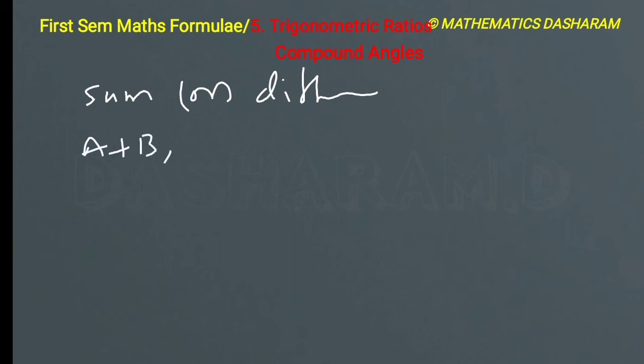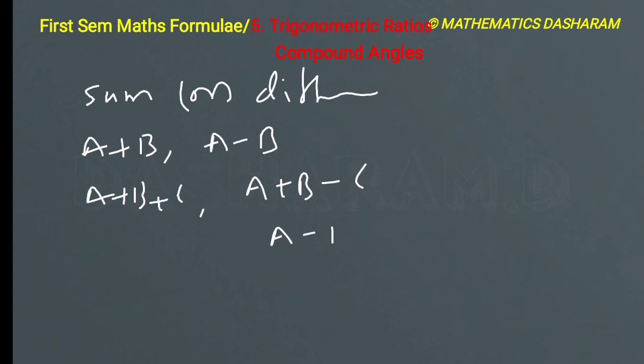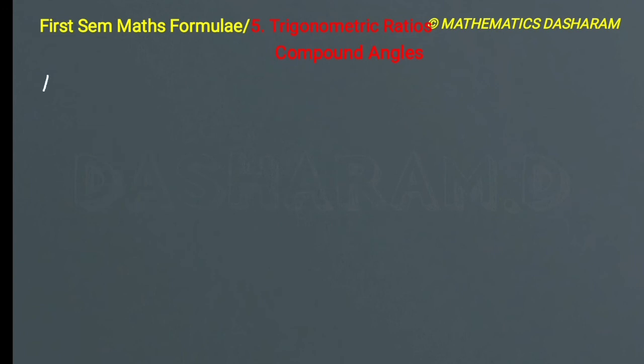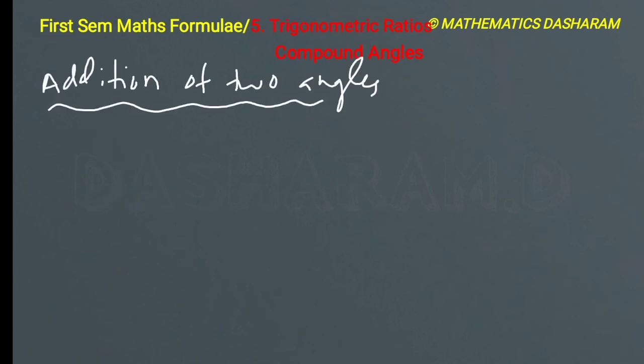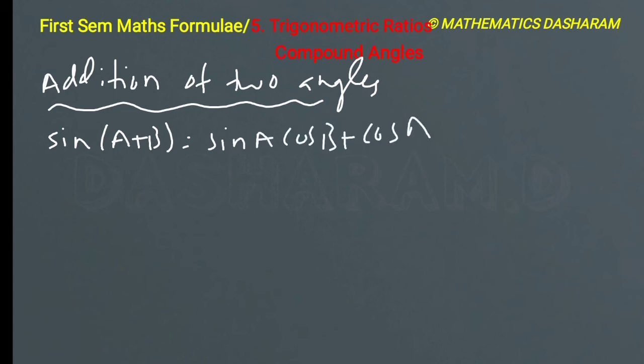A plus B or A minus B, A plus B plus C, or A plus B minus C, or A minus B minus C. So these are called compound angles. First one is addition of two angles. The first one is sine of A plus B, equals sine A cos B plus cos A sine B.